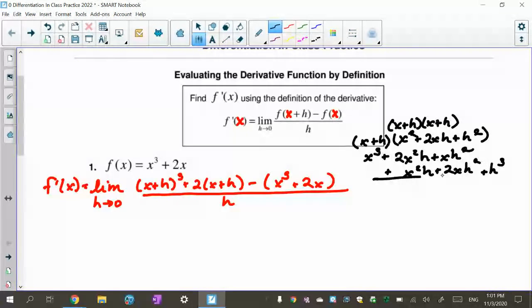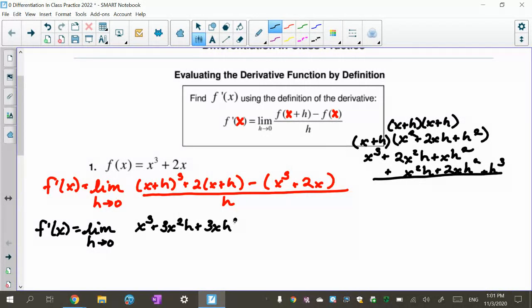And I'm going to add all that up, and then I'm going to put this right here in this spot. So I have f prime of x equals the limit as h approaches 0 of x cubed plus 3x squared h plus 3xh squared plus h cubed.